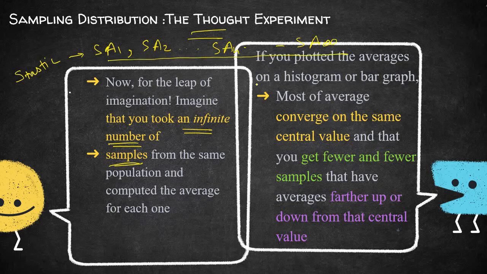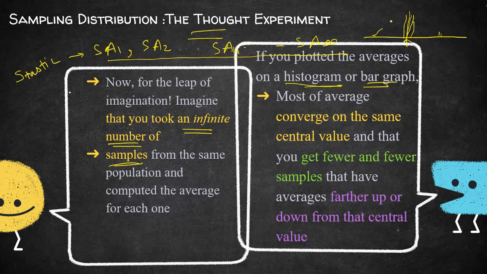If you try to plot these averages to get a histogram or bar graph, you will more likely find that the averages cluster more toward the center, and very few would be on the extreme sides.